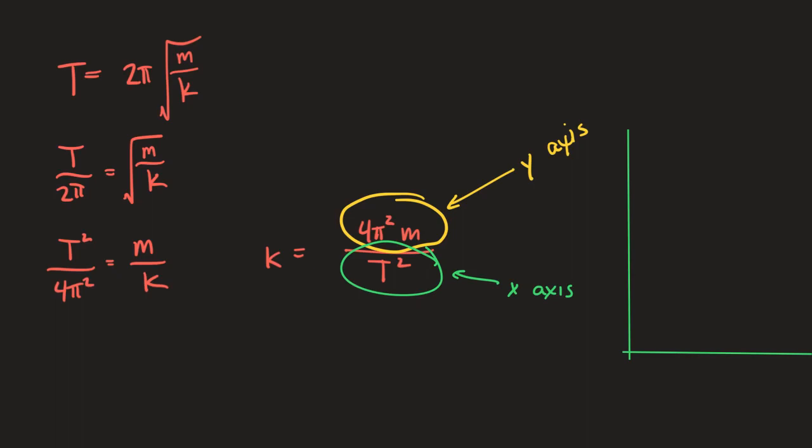So period squared here and 4 pi squared m here. This should also be a straight line, but the difference, and perhaps the advantage, is that this straight line will give you a slope that just equals k. So those are the two methods we talked about in class.